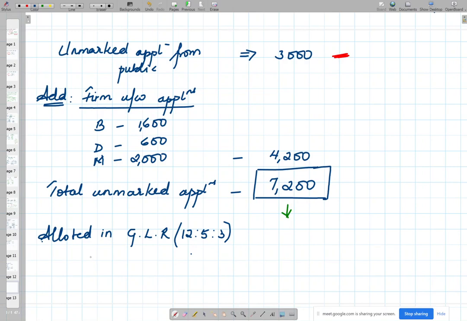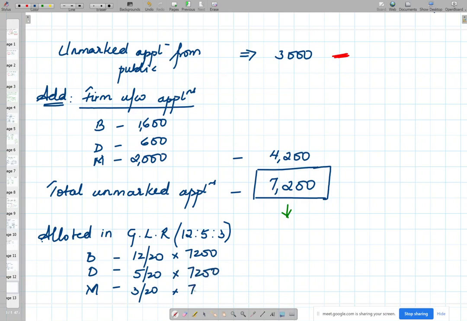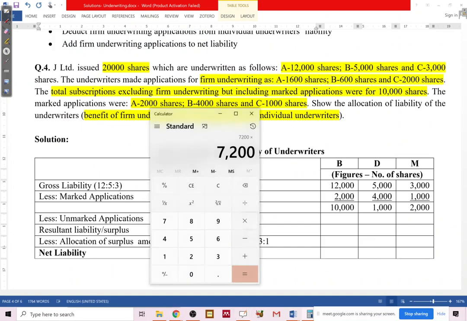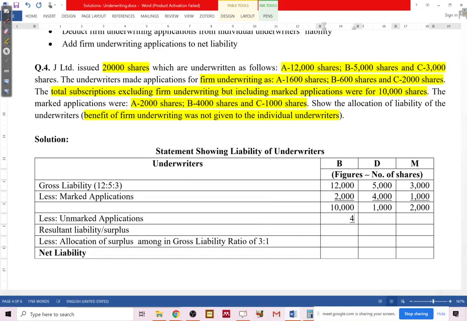I'll write it here, just for your understanding: it will be 12 by 20 into 7,200, then 5 by 20 and 3 by 20 for each one. So how much is that? Multiplied by 12 divided by 20, you get 4,320 for the first one. We'll directly write here instead of writing in the working note all over again.